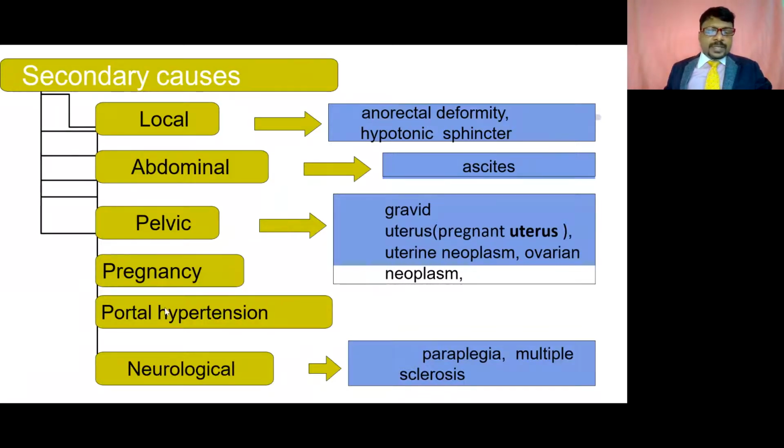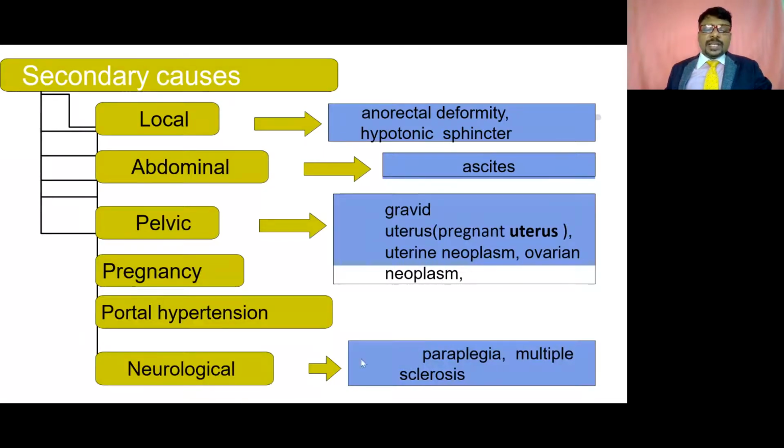And also the next ones are portal hypertension and neurological conditions. If there is any distension or increased blood pressure in the veins, especially the anal veins, there may be a chance to get secondary hemorrhoids.